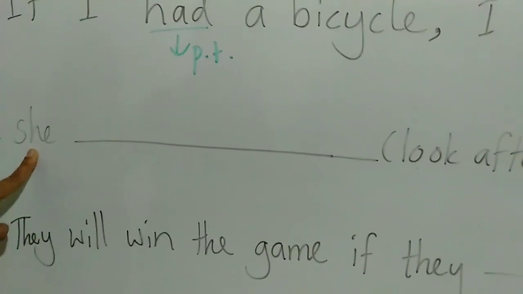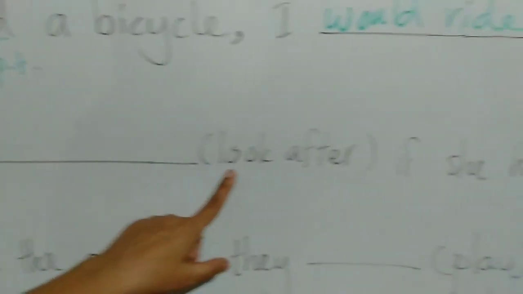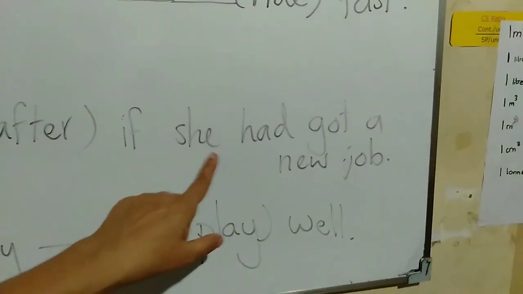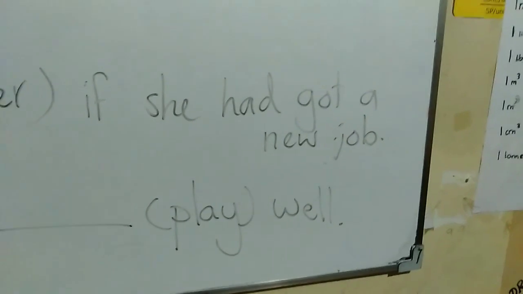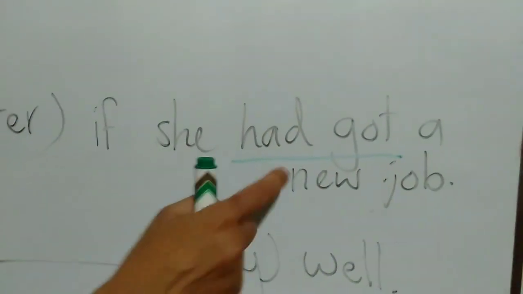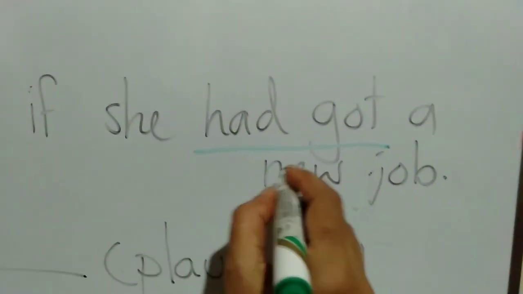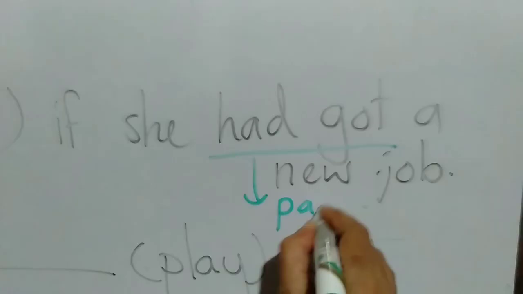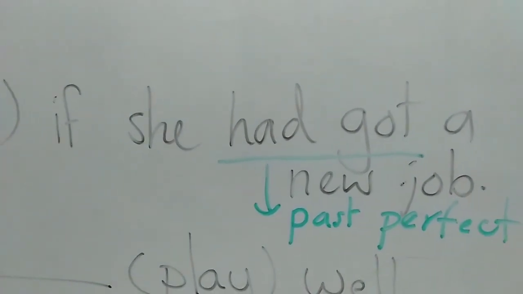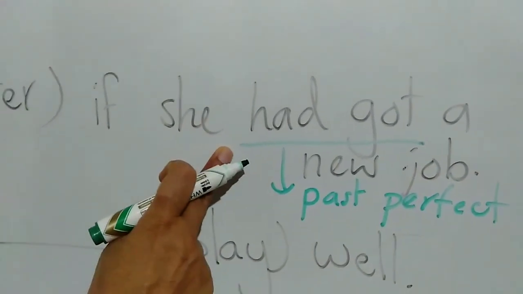Let's see next. She blank, the verb is look after. If she had got a new job. Had got. The if conditional clause is given with the past perfect. Then you can understand this is if type 3.